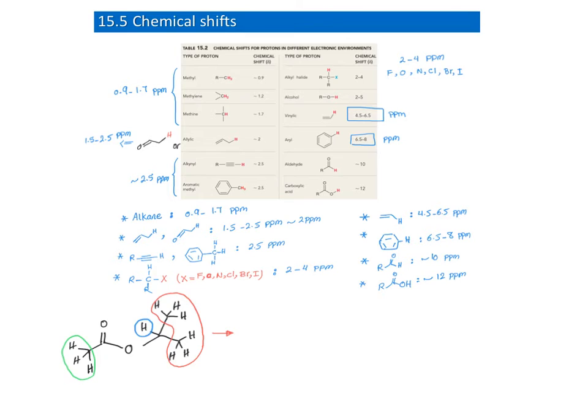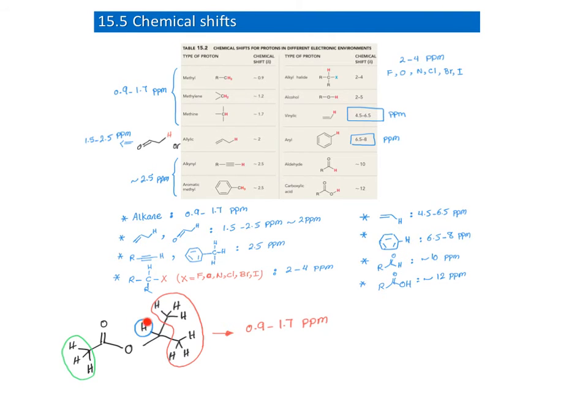For this set of protons, these hydrogens are connected to the carbon, and that carbon is not connected to any electronegative atom. This is an sp3 carbon, so these hydrogens are alkane hydrogens, and we expect to see them somewhere between 0.9 to 1.7 ppm.